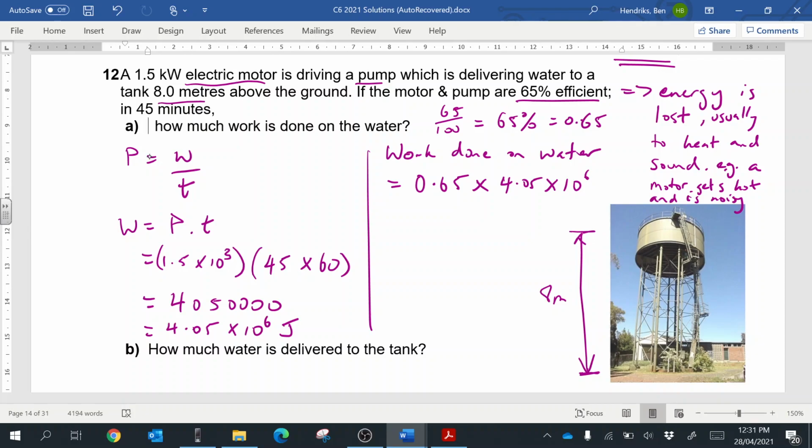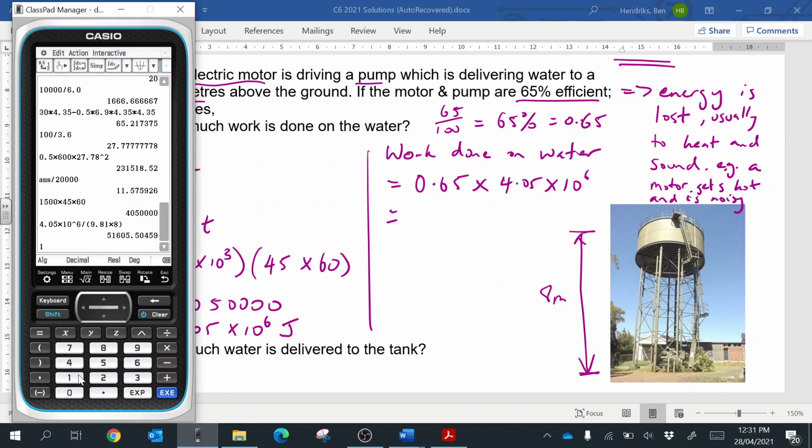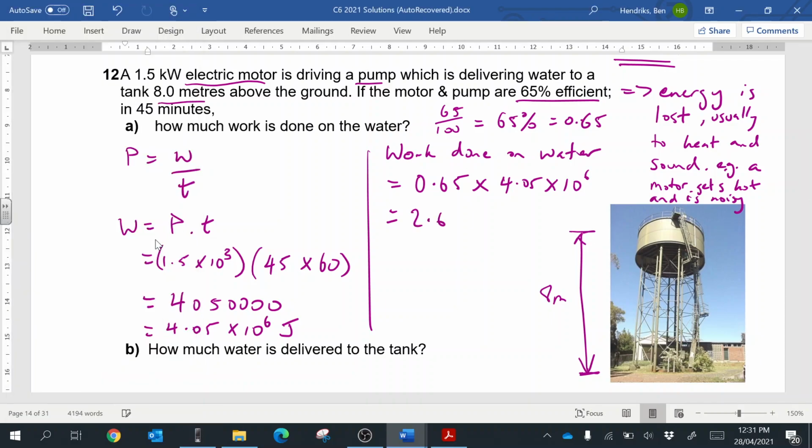Okay, and so if we work this out, let's put that into our calculator. So 4.05 times 10 to the 6 times by 0.65 is equal to 2.63 times 10 to the 6.